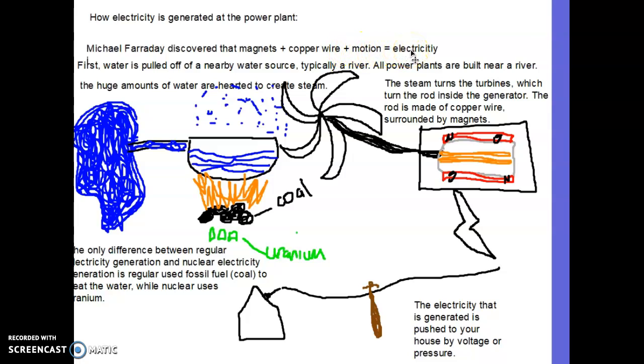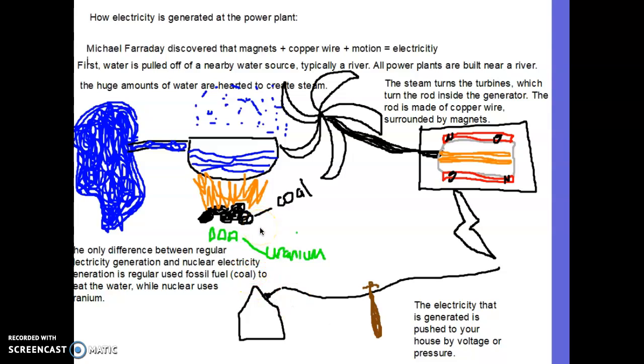We're talking about electricity that's produced in huge amounts. So they build the plant near the water, they pull off the water, they heat it up, creating huge amounts of steam that's funneled through the turbines, which turns the turbines, and then the turbines turn the copper rods inside the generator that's surrounded by magnets. And when you get that, voila, you have electricity, which is then pushed out by voltage to your house, etc.